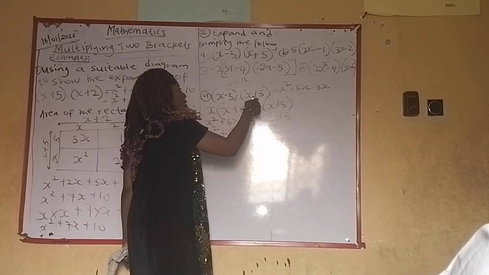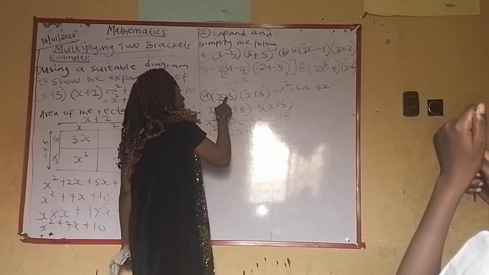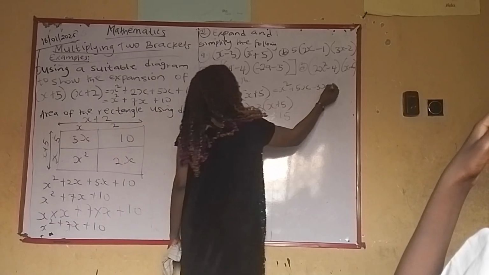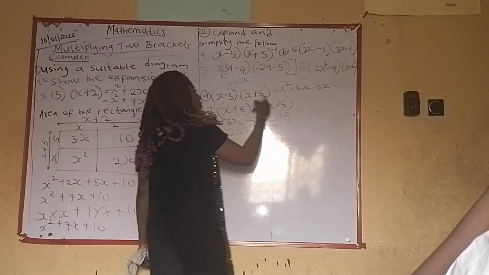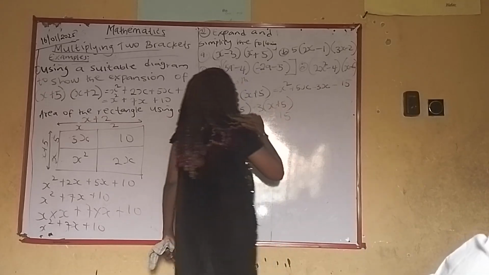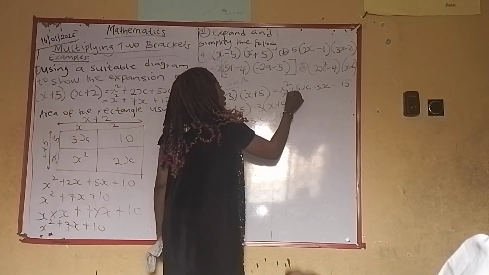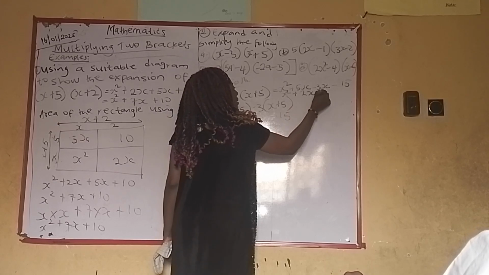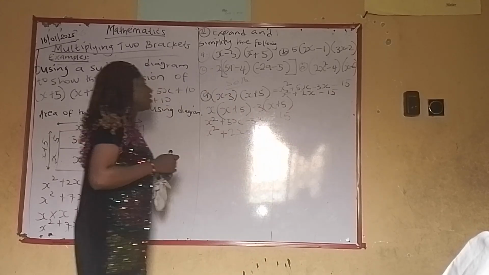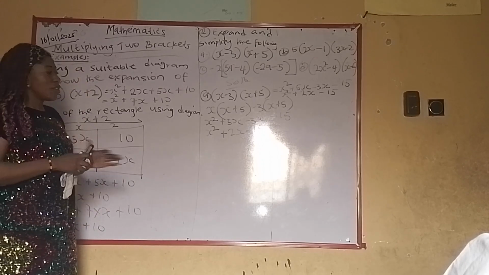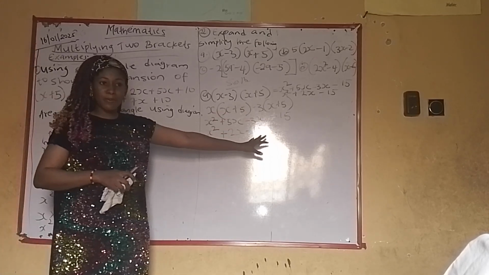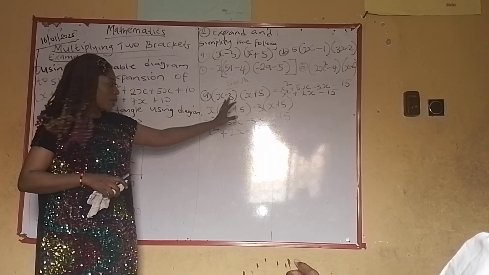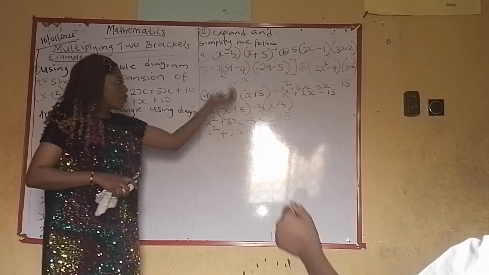Minus 3 times plus 5. Don't forget, minus times plus is what? Minus. 3 times 5 is 15. So x squared plus what? 2x minus 15. Did you not get the same answer? So this one is kind of more explanatory. It brings it out more easily for you to solve.